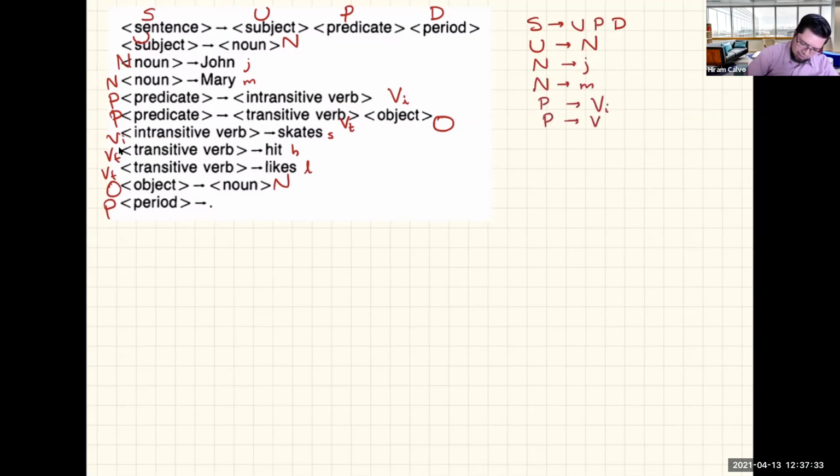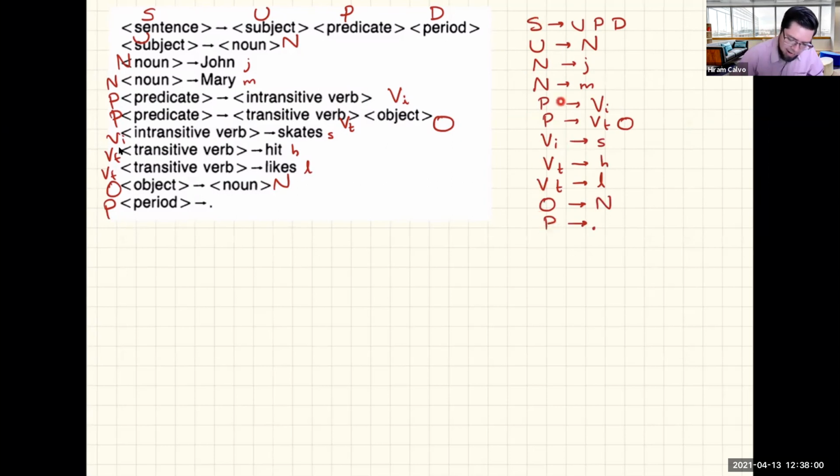Predicate is a transitive verb followed by an object. And then an intransitive verb is skates. Transitive verb is hit. Transitive verb is likes. And O is a noun. And finally, D is a period. So this looks more like a regular grammar.